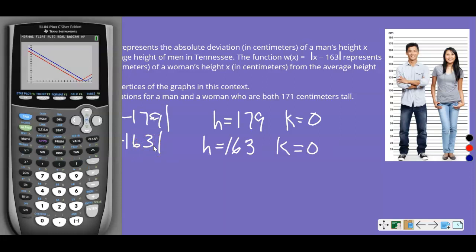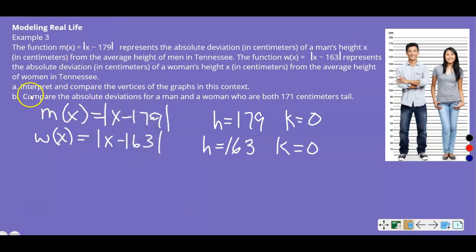So that means the average height of men in Tennessee is about 16 centimeters greater than the average height of women in Tennessee. All right, so when it says interpret and compare, that would be our comparison, that men are on average 16 centimeters taller than women in Tennessee.